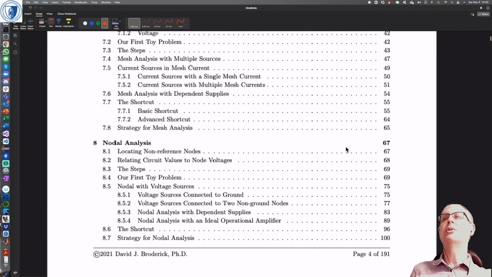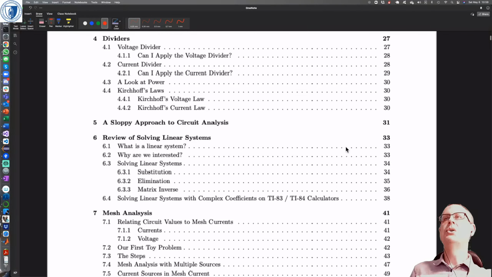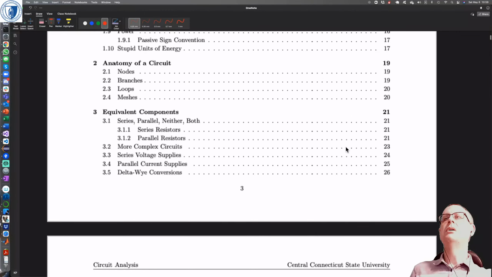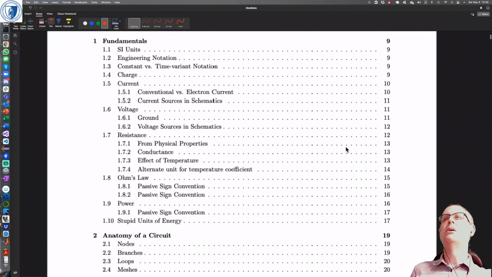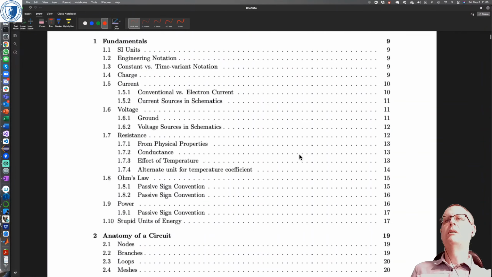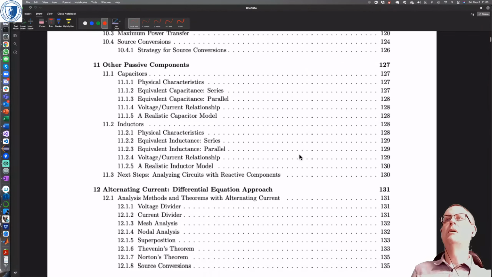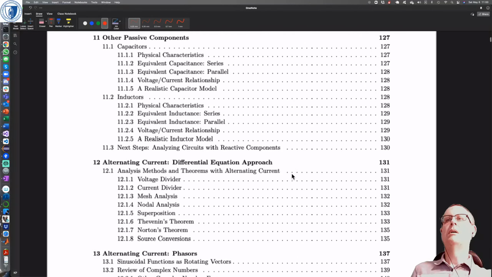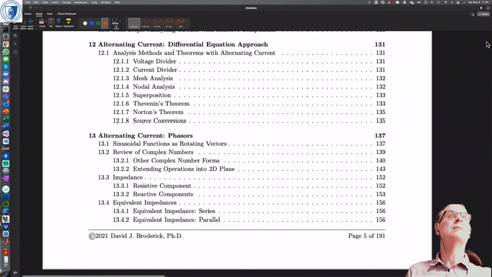Maybe it's not a separate chapter. Phasors, that's it there. So we want 137.